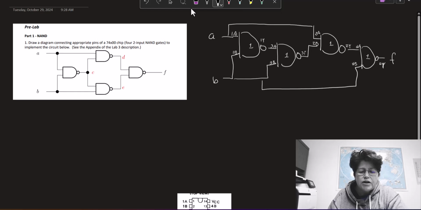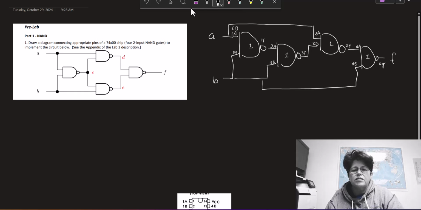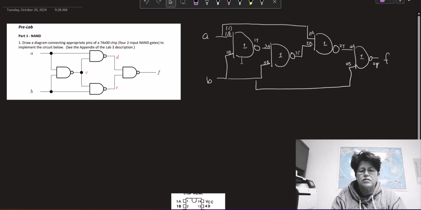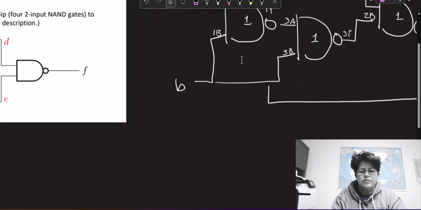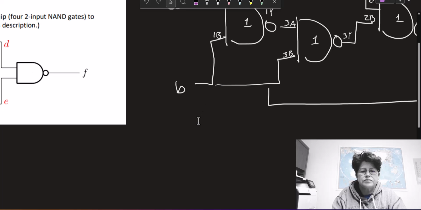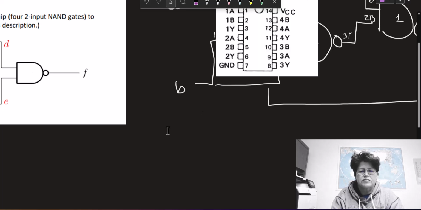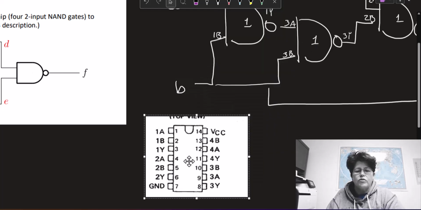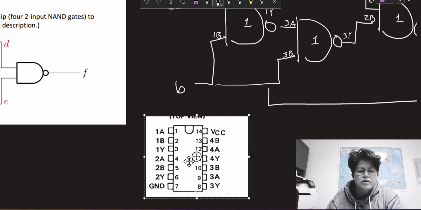And then I'll say what pin numbers those are. 1A is pin 1. 1B is pin 2.